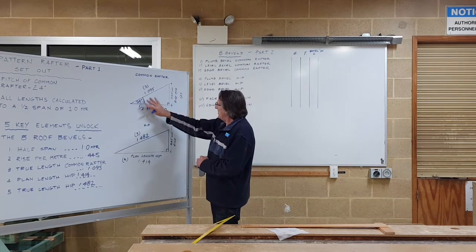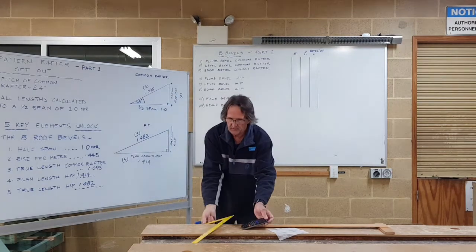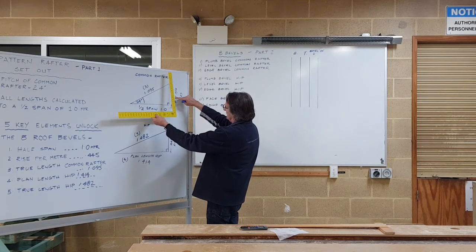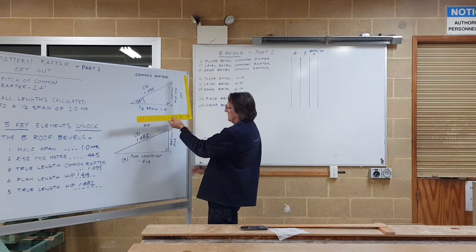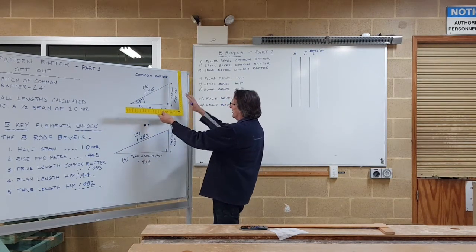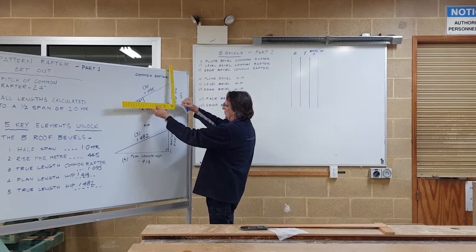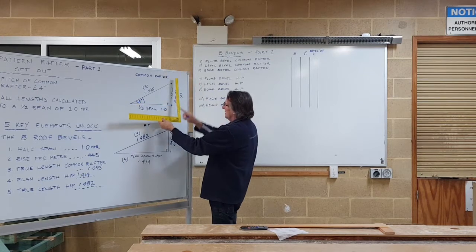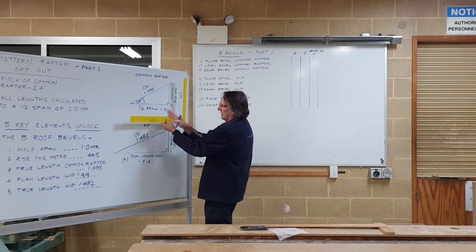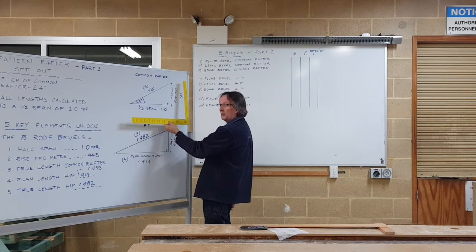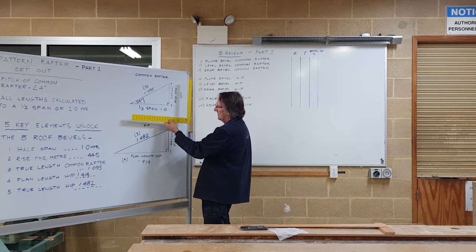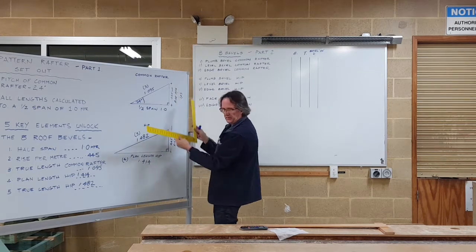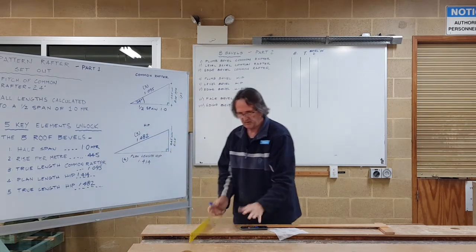So the two components that make that angle for us on the steel square are going to be the rise per metre, the 445, and the half span of a metre. So what I'm trying to do is represent the 445 on this component that's only 350 long, and I'm trying to represent the metre on the blade component, which is only 550 long. Well, that's okay. I'm going to reduce those in size so I can use the measurements on the square.